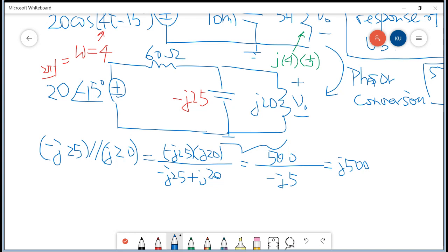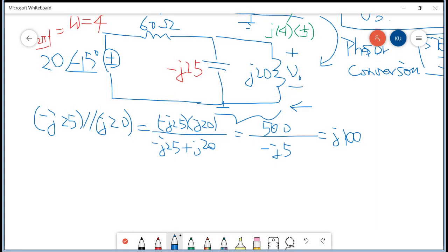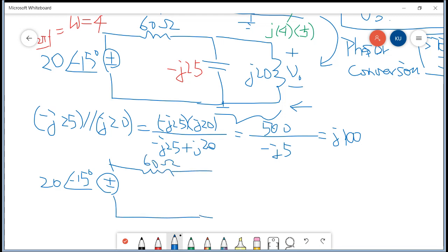So the answer will be j500 over minus j5, so no, j100. So this is the parallel impedance, and in this case we can write it like this. 60 ohm, and then this part is j100.